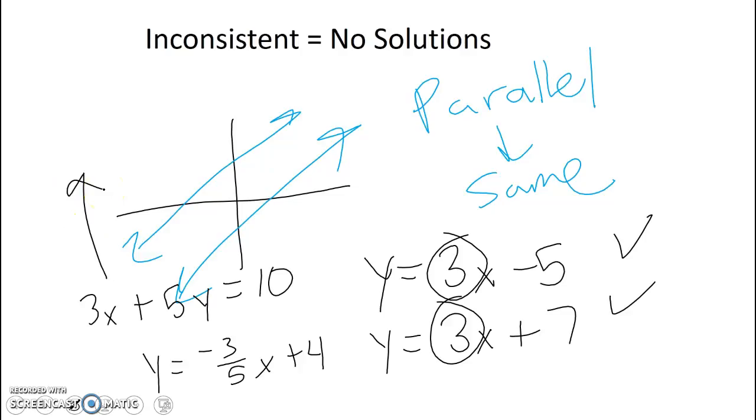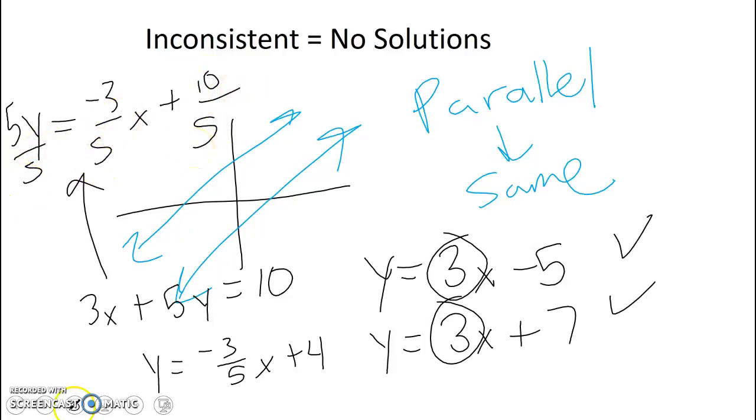Convert this thing to y-intercept form, which when you subtract everything over, you'd get negative 3x plus 10. Divide these things by 5. And as soon as I divide it by 5, I can go, oh, this slope and this slope are the same, so they are in fact both parallel.